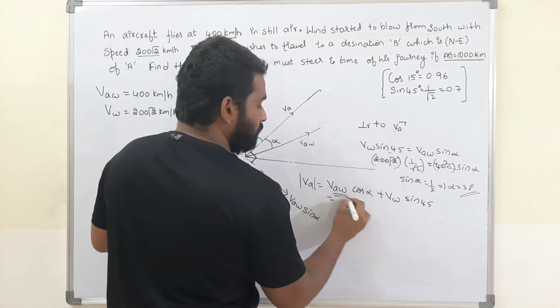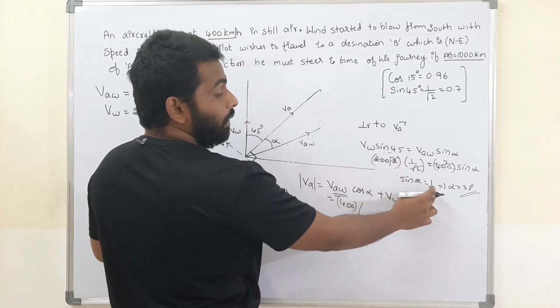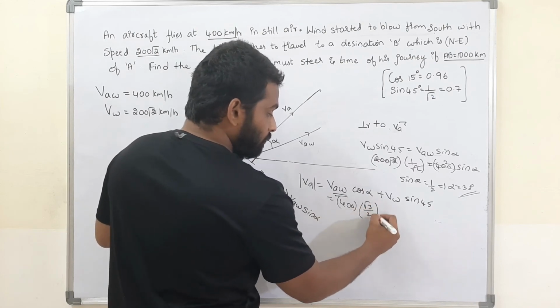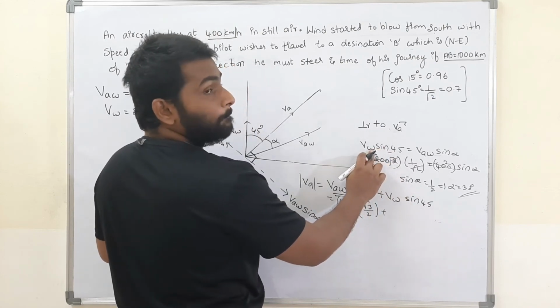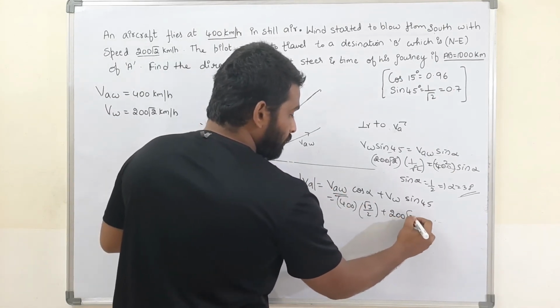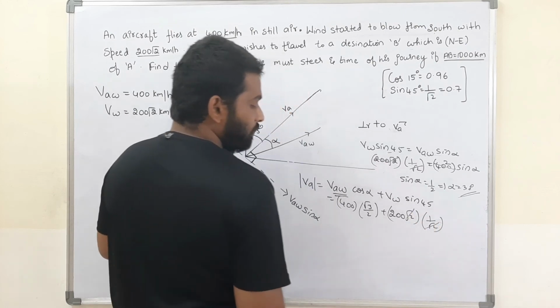VAW is how much? 400 into cos alpha. Alpha is how much? 30. Cos 30 is root 3 by 2, plus VW is how much? 200 root 2 into sin 45, which is 1 by root 2. Root 2 cancels off.